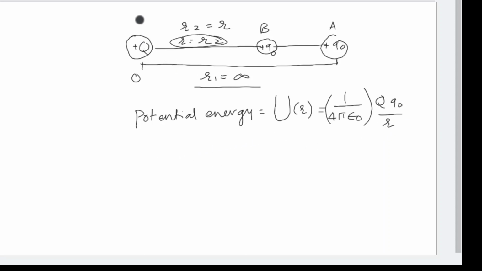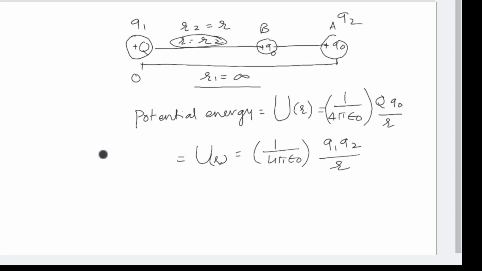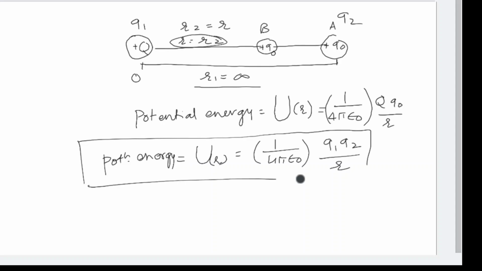Or if we consider this charge is q1 and this is q2, we can write the formula here like U(r), where the distance between them we are taking, 1 upon 4 pi epsilon 0, and in general we can write now q1 q2 upon r. So this will be the equation for the potential energy, the general equation we can say, and that is equal to 1 upon 4 pi epsilon 0 q1 q2 upon r.